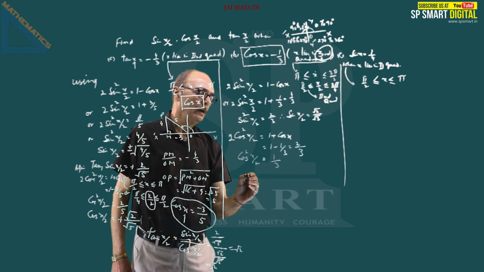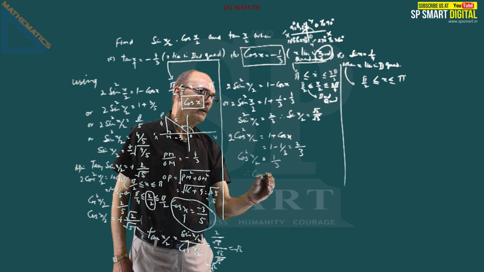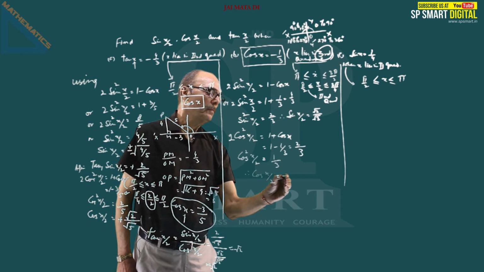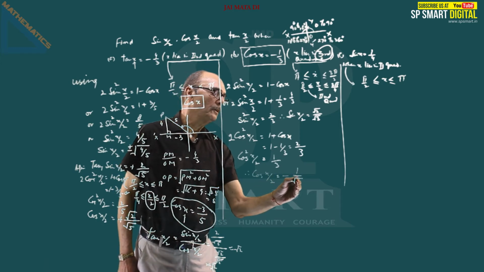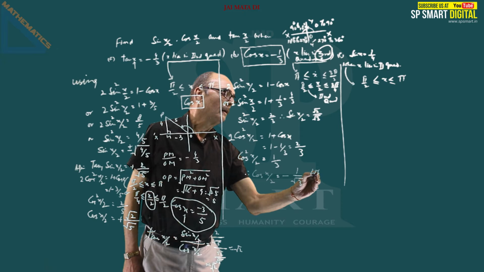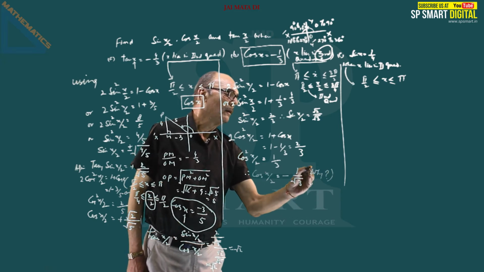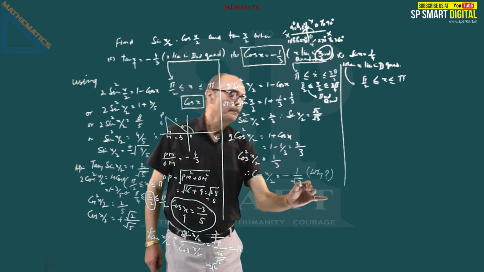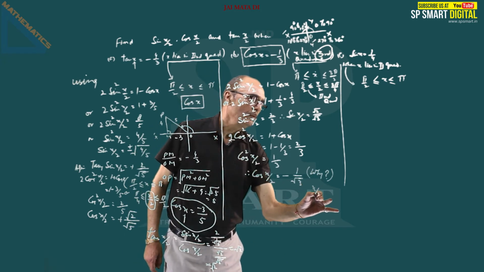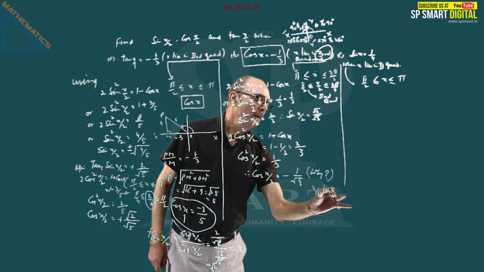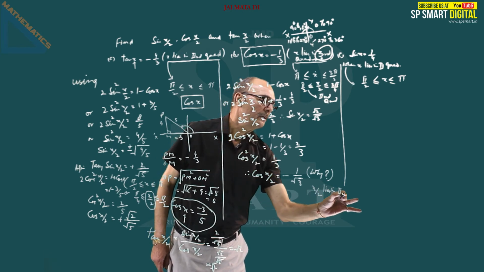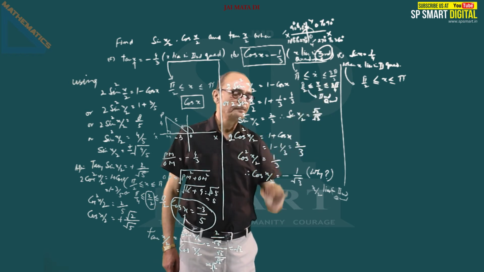Therefore, cos of x by 2 is equal to minus 1 by root 3. Why? Explanation is x by 2 lies in the second quadrant when x lies in the third.